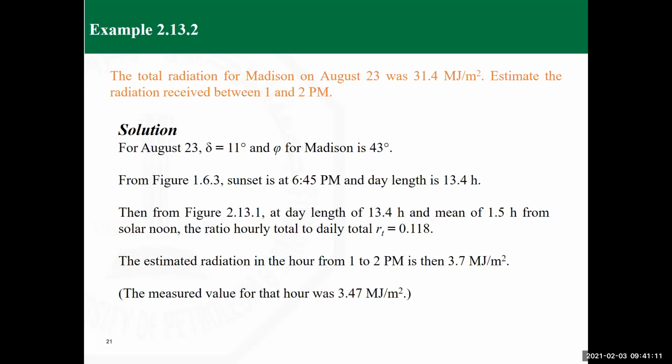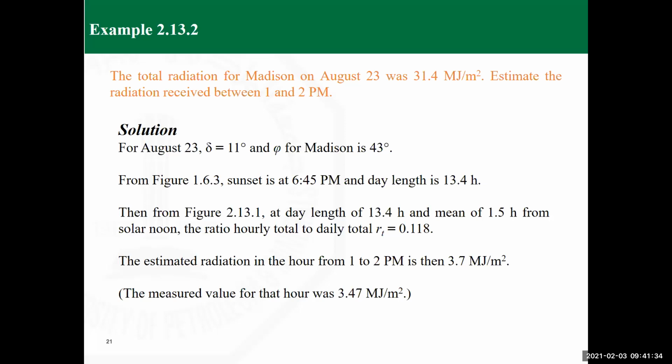You need to see what N is for August 23: add up the months together until you reach August 23. For the value of N, you substitute in the equation of delta so that you can get delta. Here it's equal to 11. So delta is 11 and phi is 43.